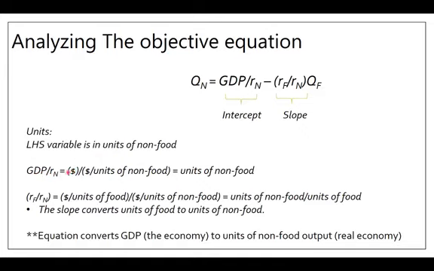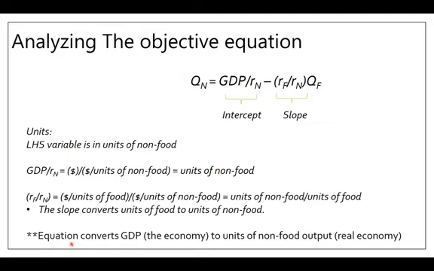The dollars of GDP divided by the units for this price, dollars over units of non-food, would leave you with the fact that this first term, the intercept, is measured as units of non-food. And then this expression, the slope times QF, well, what is going on here? This price ratio actually is converting this quantity from units of food into units of non-food, so that everything adds up in terms of units.